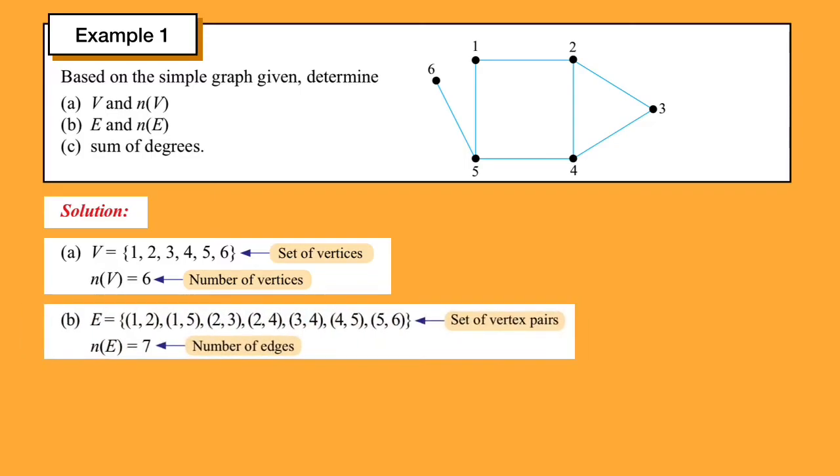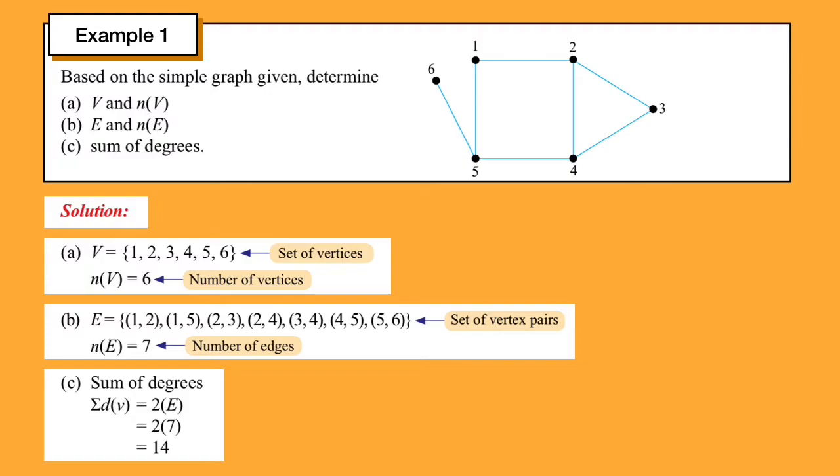Then, the set of vertex pairs is written like this. Make sure you have the curly bracket in the beginning and in the end, and your answer should be written in paired orders. Also, when you count the number of edges, which are the lines, you will get 7. Therefore, the number of edges is 7.